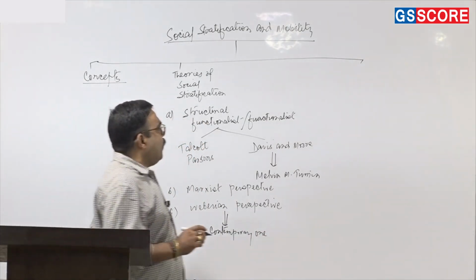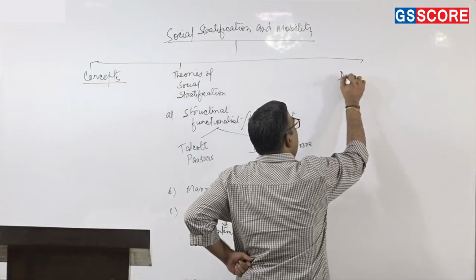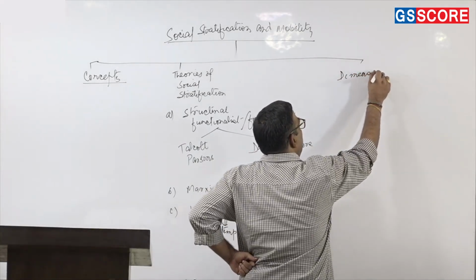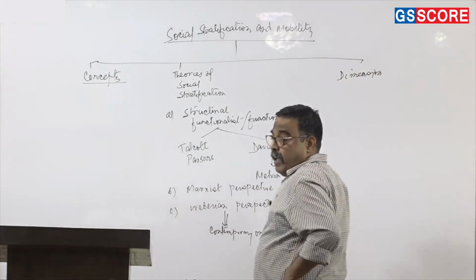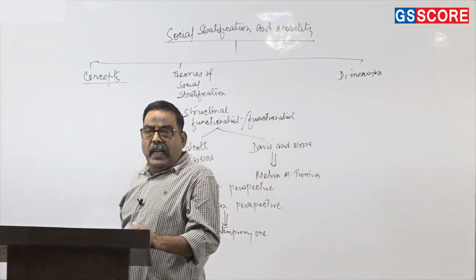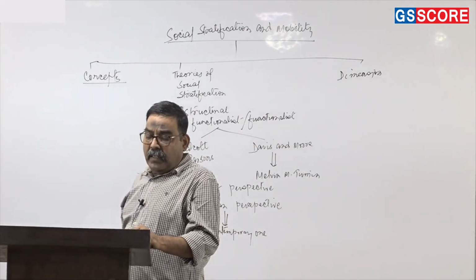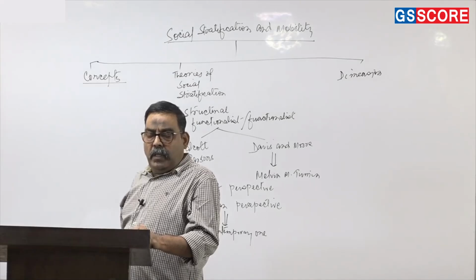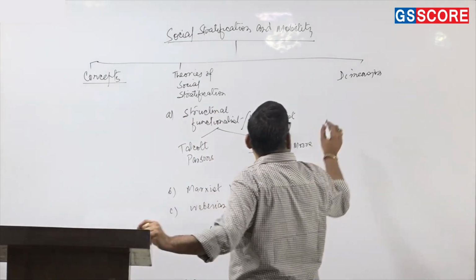Apart from this, you will have to talk about the dimensions. Not very important, because they will be talked about in some other units as well, and the dimensions will be in terms of race and ethnicity, class and caste. This we will have to talk about, a status group and gender.